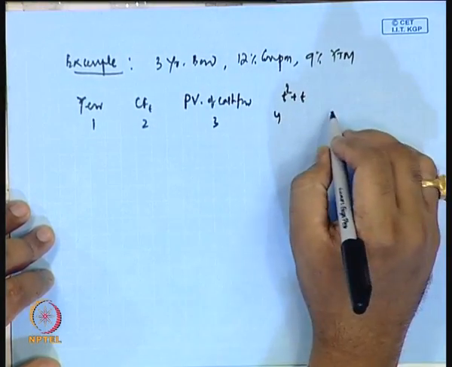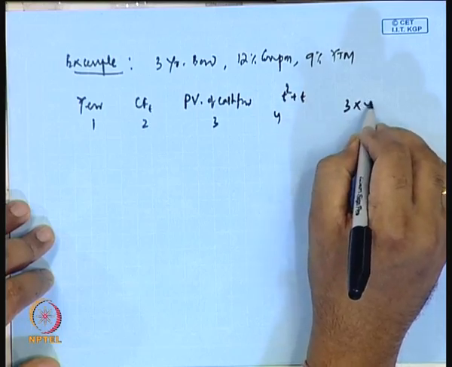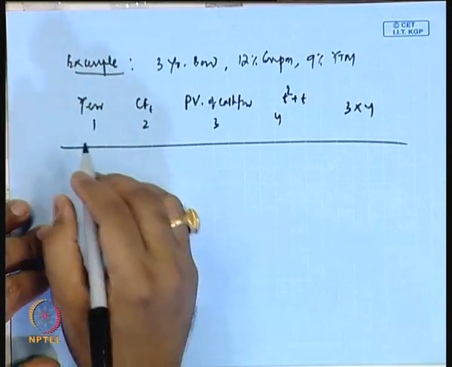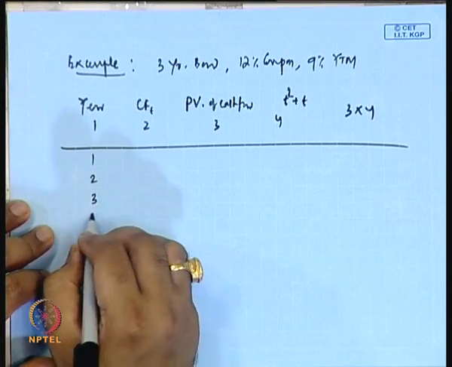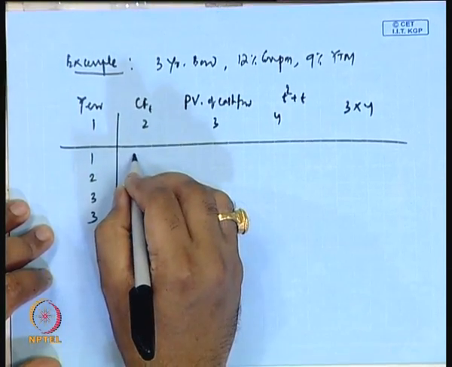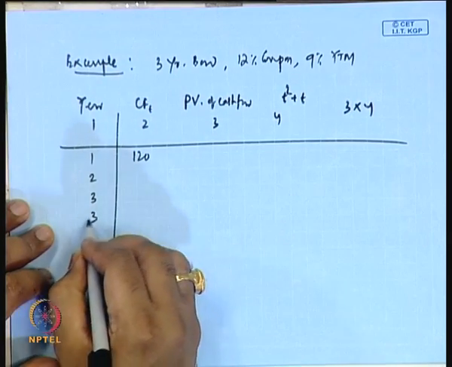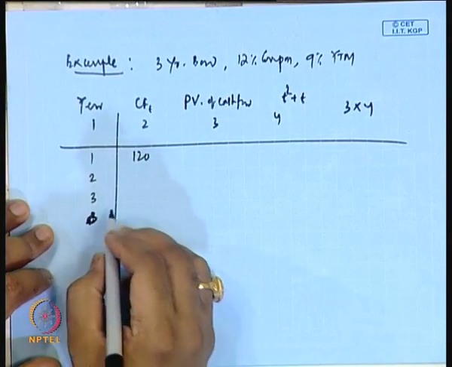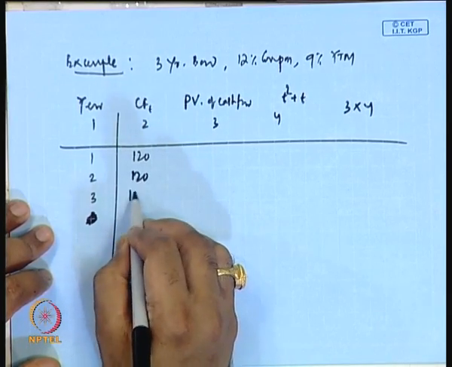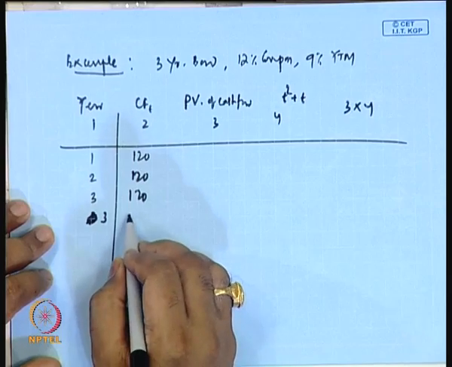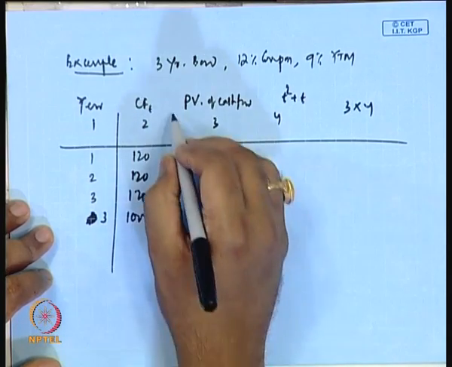The cash flow is 120, 120, 120, and at the end the principal will be 1000.